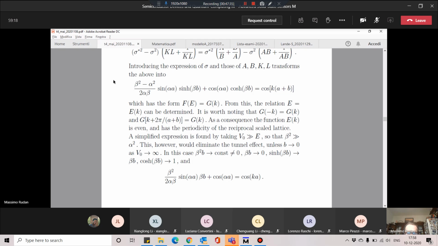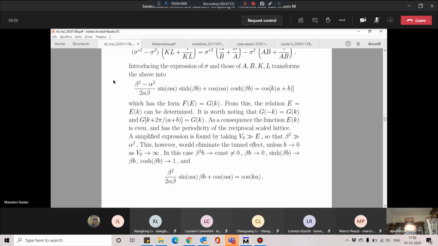So it is essentially a function of k. So in a short notation, we may call the left-hand side f of e, some complicated function of e, okay? And the right-hand side is g of k. G is the cosine of k times a plus b, okay?